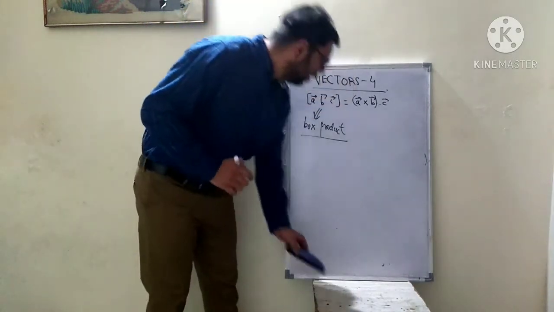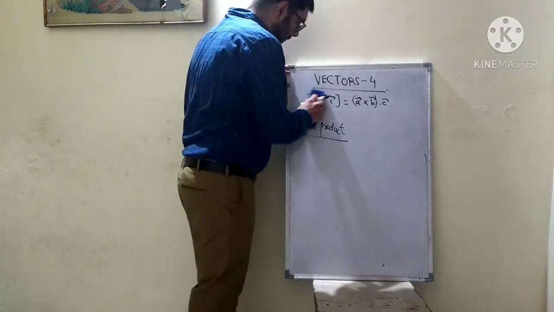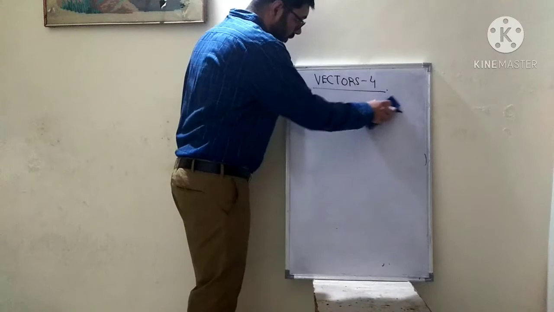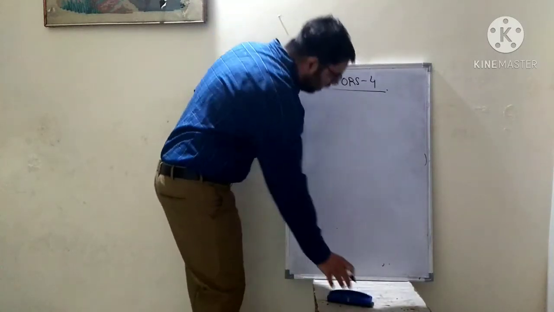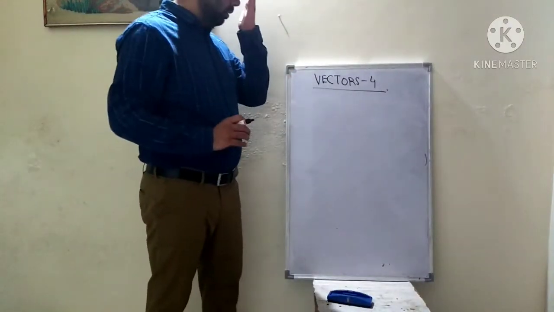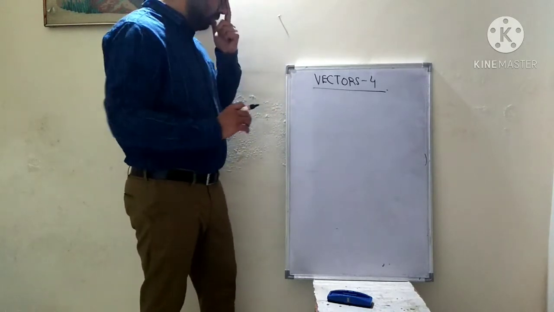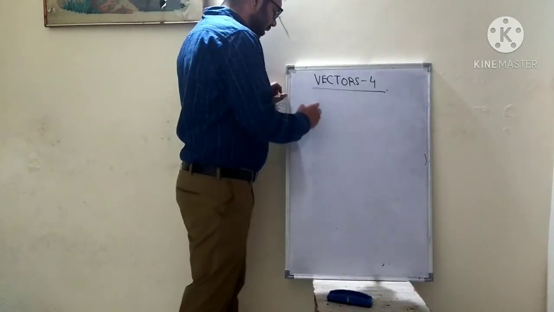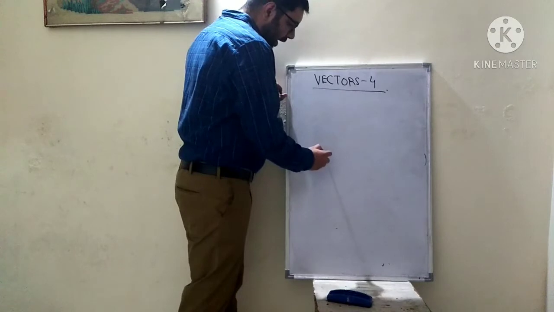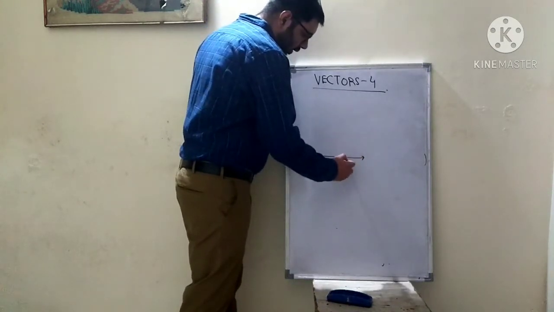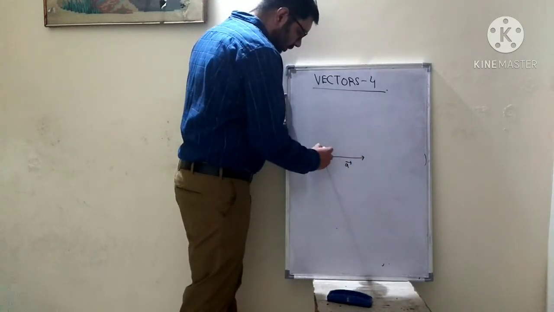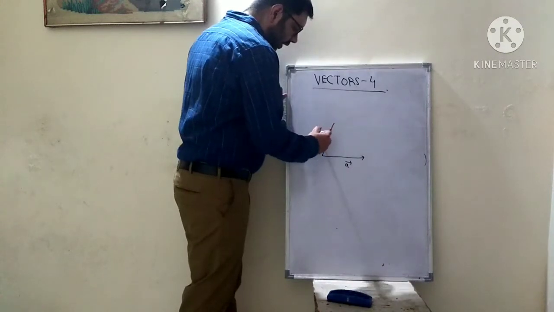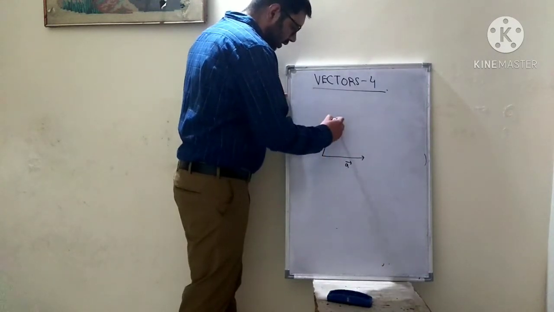Then continuing further, we'll study some geometrical applications of the scalar triple product. First, say we have a parallelepiped whose vectors are A vector, B vector and then C vector.